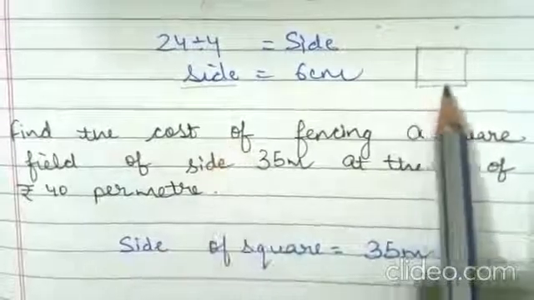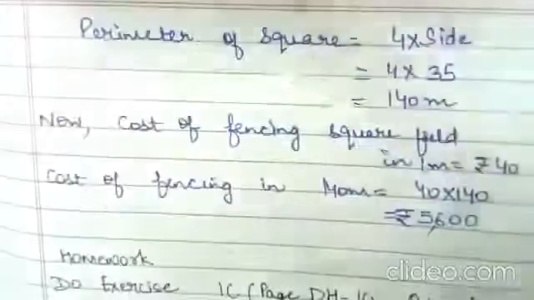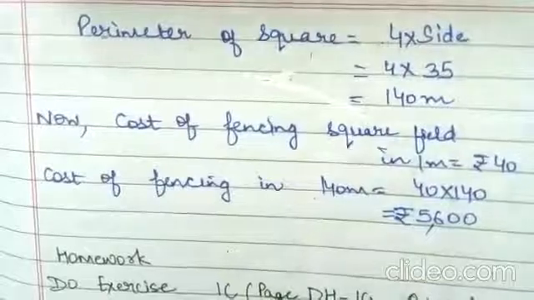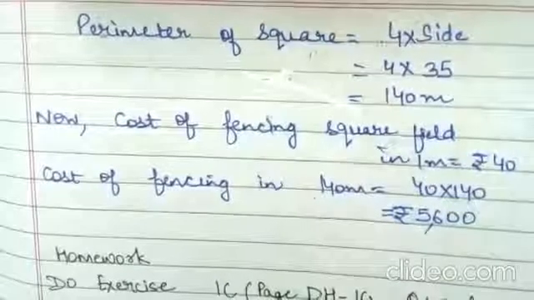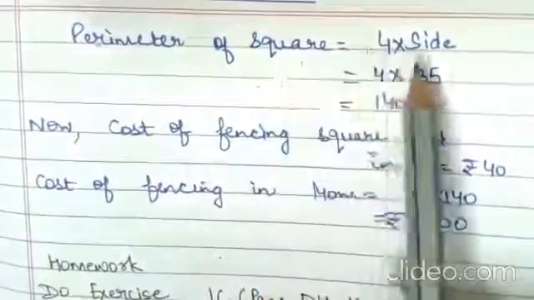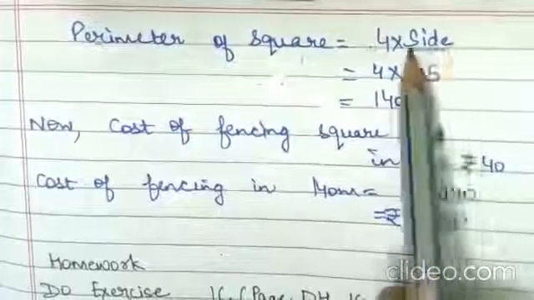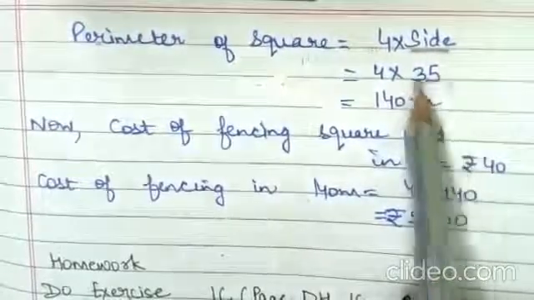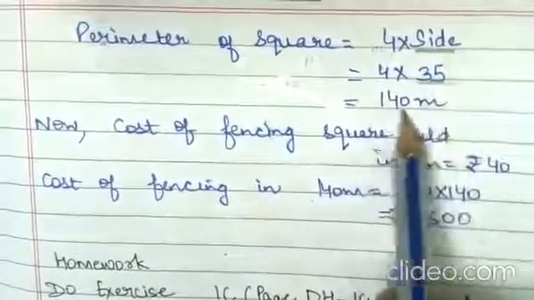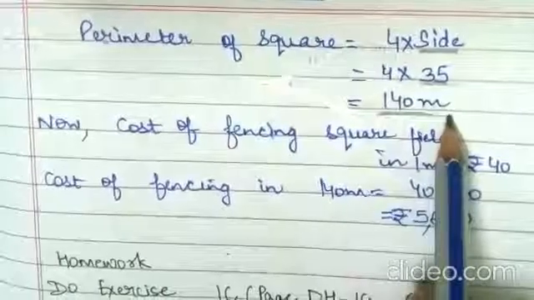So first of all, we should have the total length. Now the side of the square is given to you, that is 35 meter. So the formula for the perimeter of a square is 4 multiply side. Now what is side? That is 35. And on multiplying we get 140 meters.